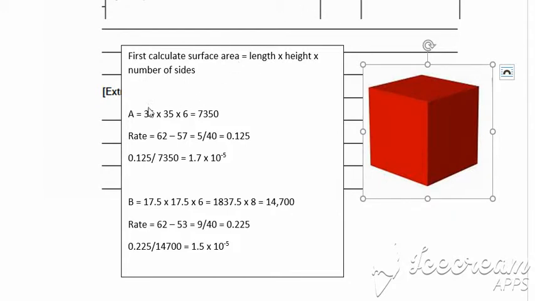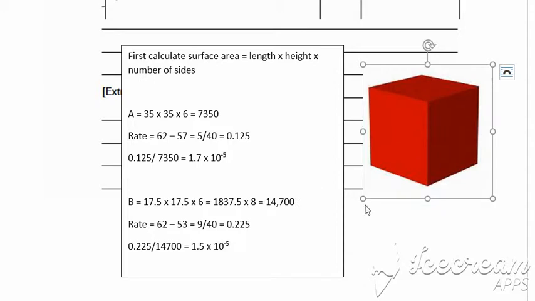The question tells us that the width of each cube is 35 millimetres, so we work out the surface area by doing 35 times 35, so the height times the length, the width, which would give us the area of one side, and then we're multiplying that by 6 because there are 6 sides, which gives us 7,350. So we then take our rate and divide that by our surface area, which would give us an answer of 1.7 times 10 to the minus 5 for A.